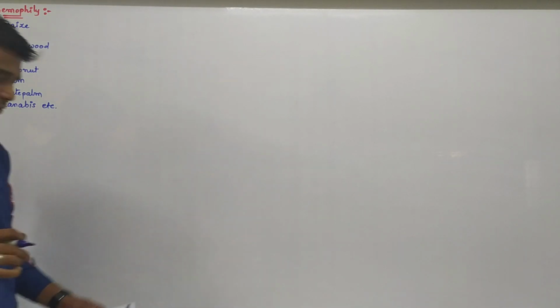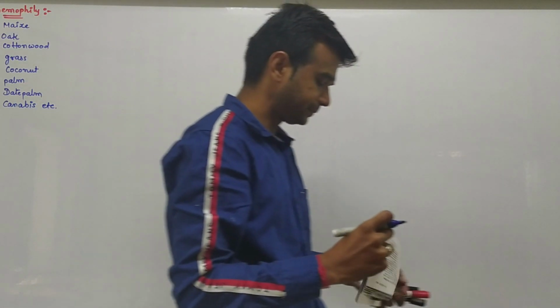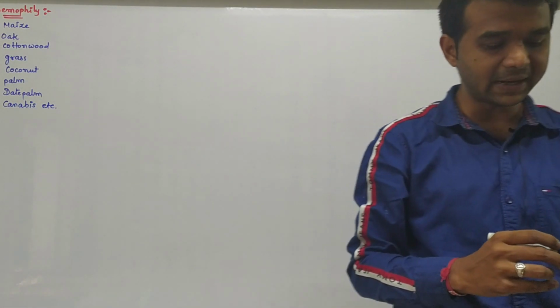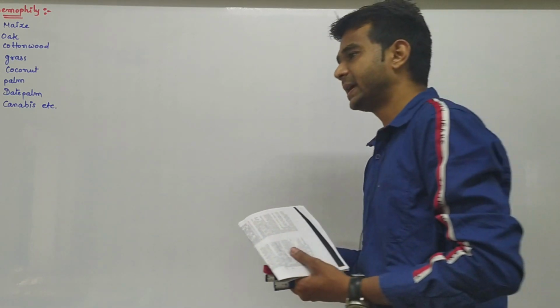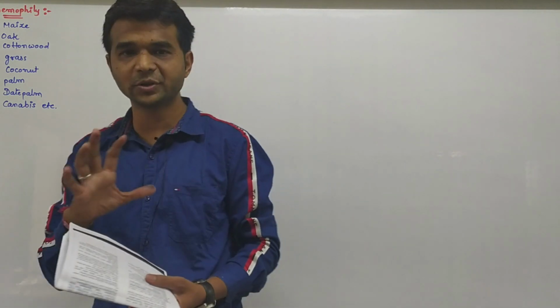Okay, so these are the anemophily plants. You have to remember these points for MCQ purpose only. Fine. So these many points are there. Remaining things are given in the book.